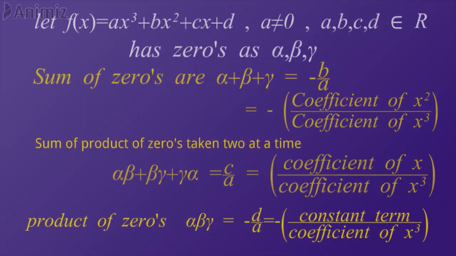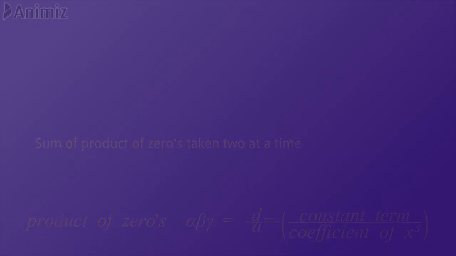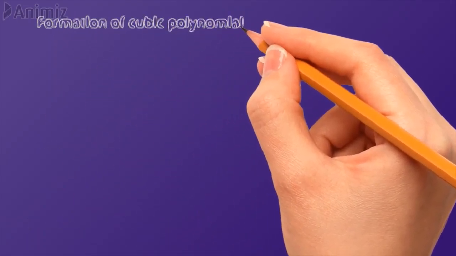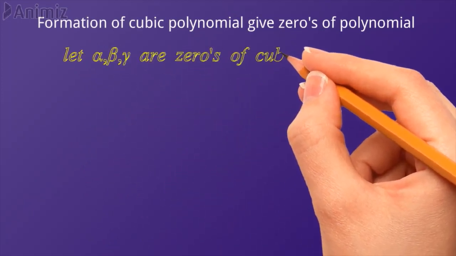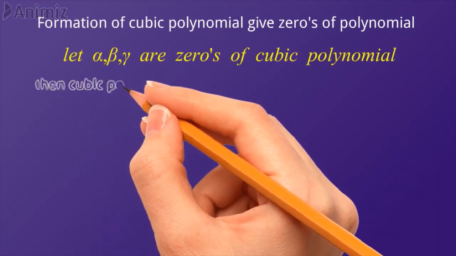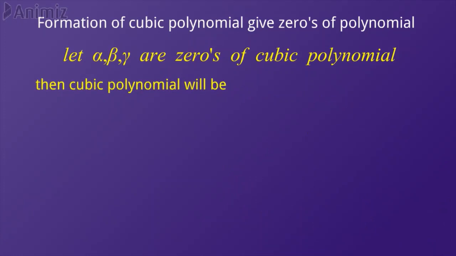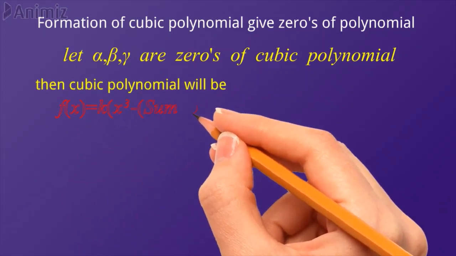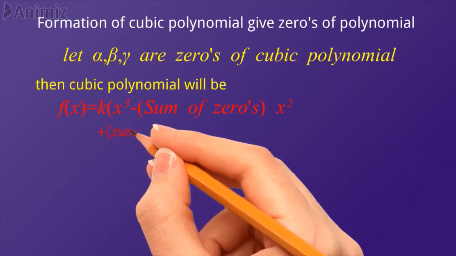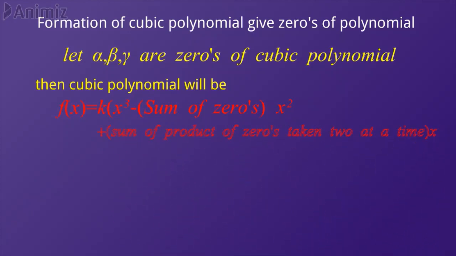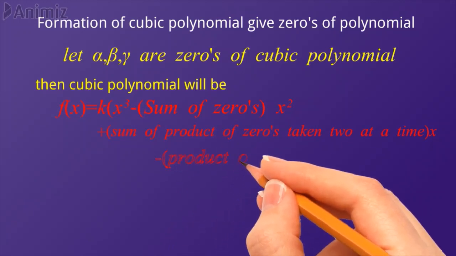Now, given that alpha, beta and gamma are the zeros of the cubic polynomial, how can we formulate the cubic polynomial? Let us say f(x) is the cubic polynomial, then f(x) is given by some arbitrary constant k into x cube minus sum of zeros into x square plus sum of product of zeros taken two at a time into x minus the product of zeros.